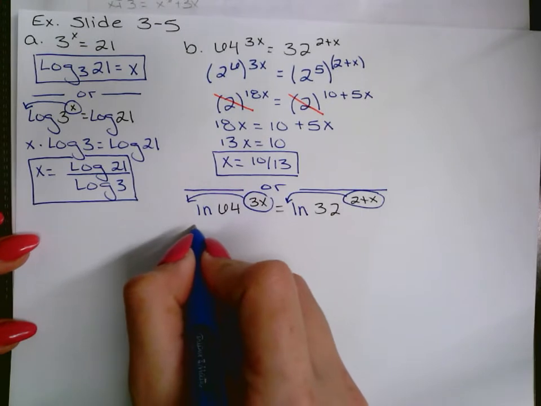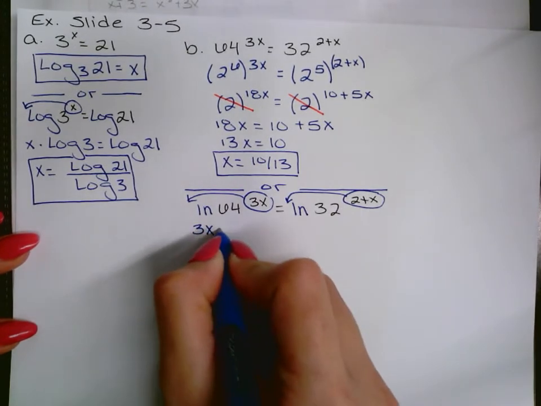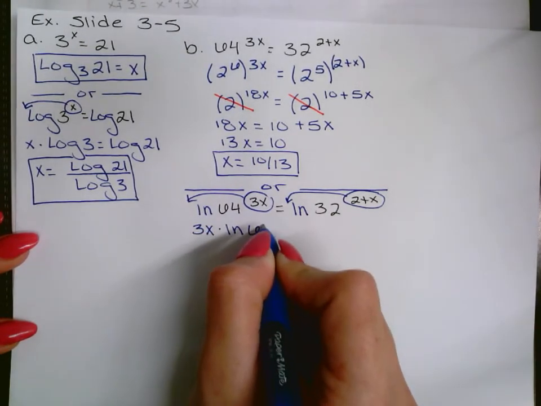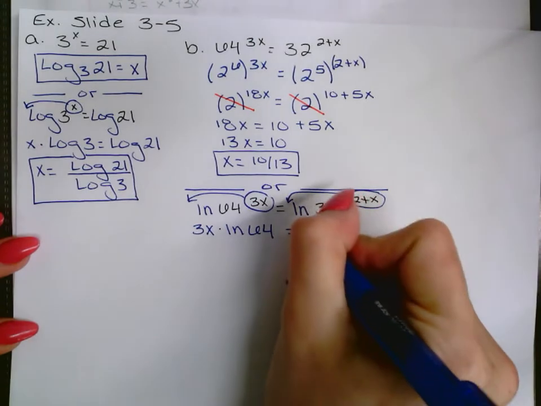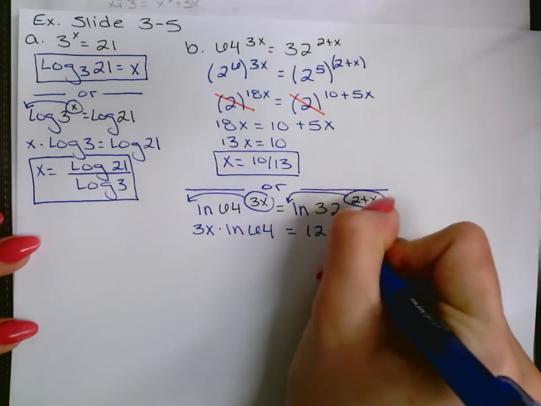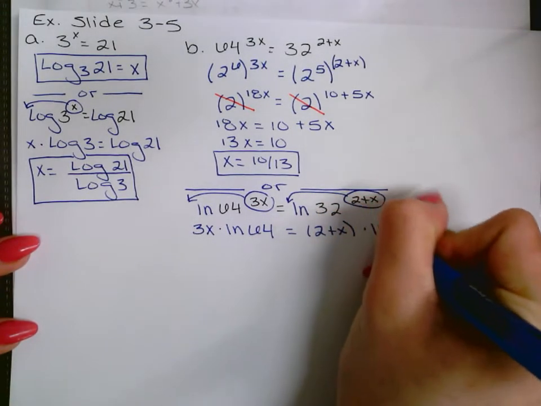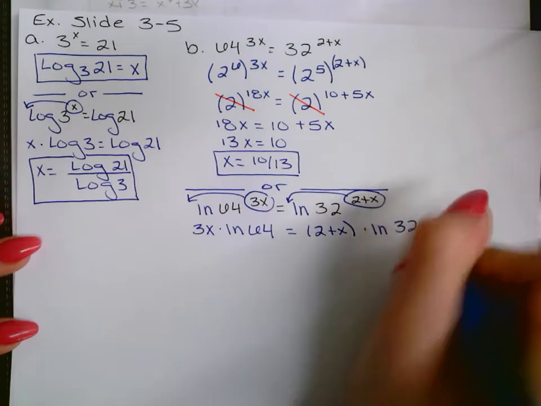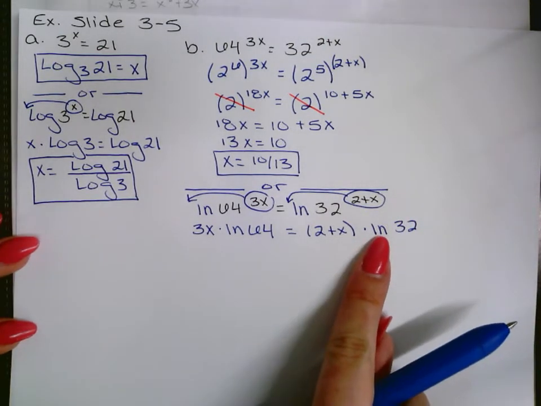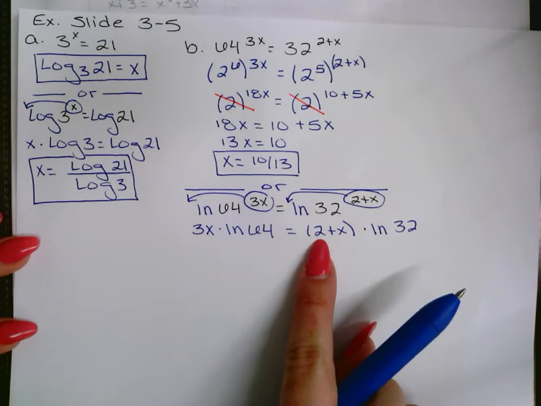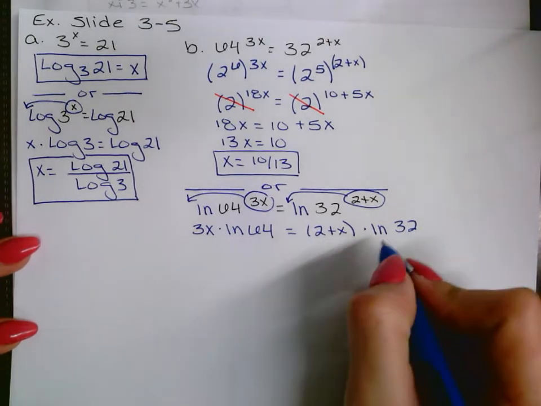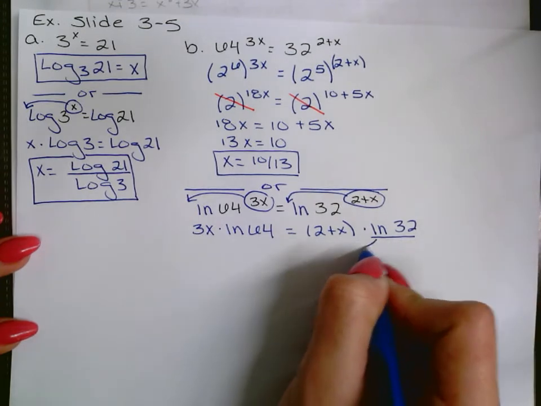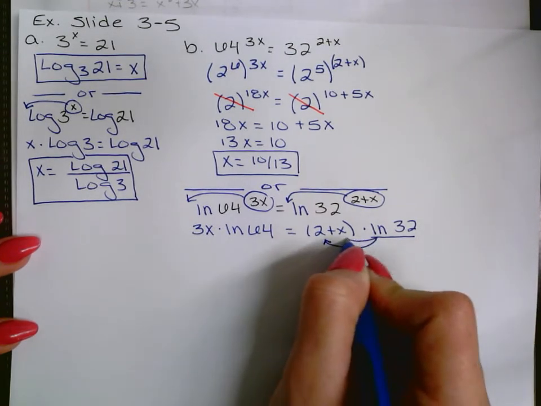So now I can write 3x times ln of 64 equals, if you have more than one term in that exponent, write it in parentheses, 2 plus x times ln of 32. Because this ln of 32 now needs to get multiplied to the 2 and to the x. Okay? So this guy right here needs to get multiplied to both.